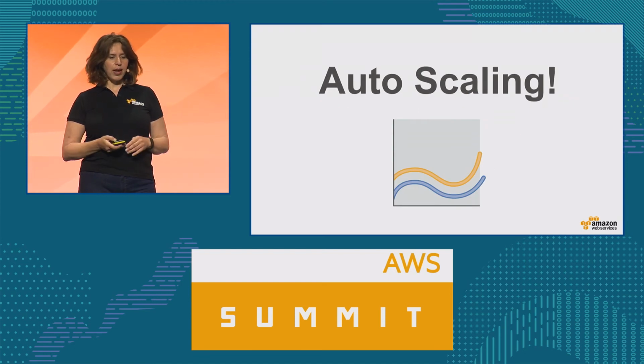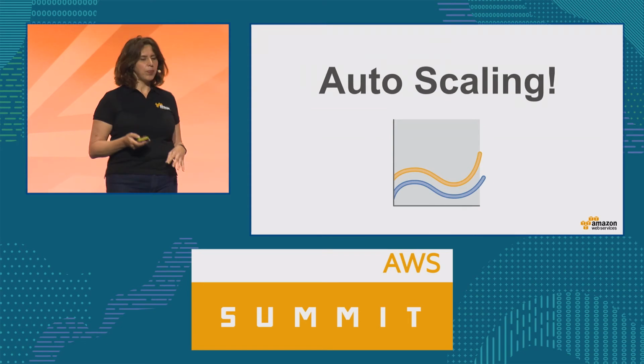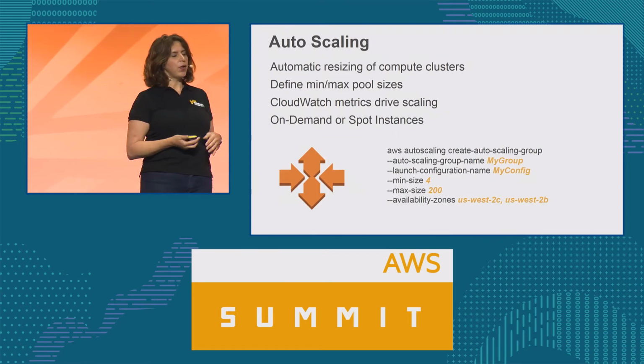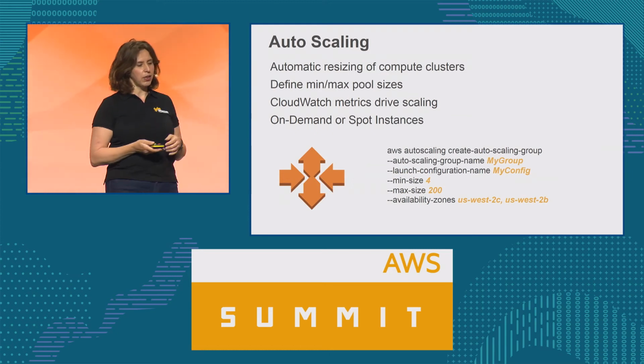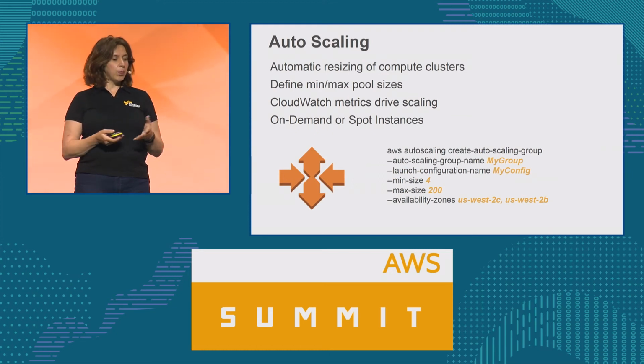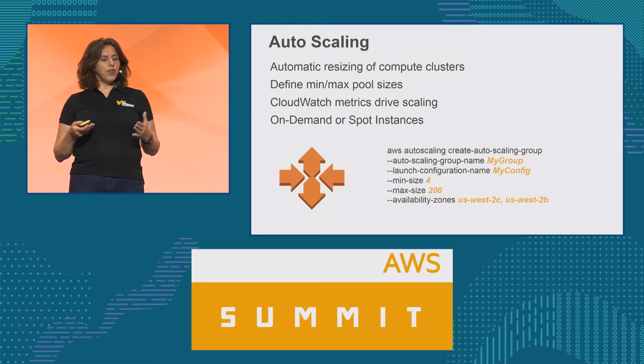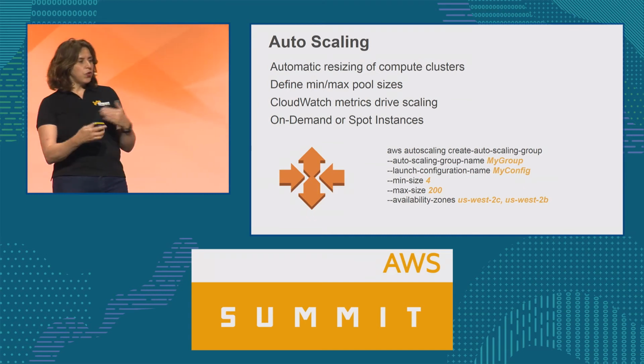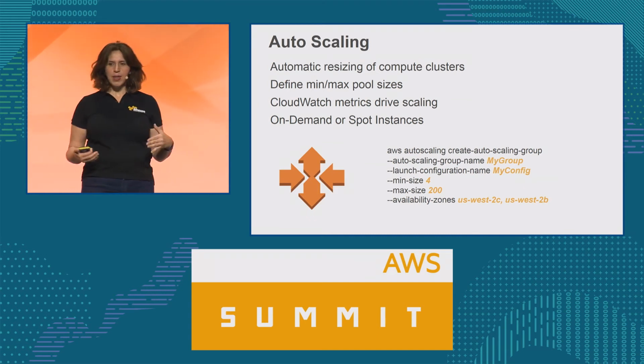So we're finally on to autoscaling. We've taken some of the load off those web tiers, but we still want to be able to have that elasticity in those layers and have automatic resizing of compute clusters. So with autoscaling, you can define minimum and maximum pool sizes. You can use CloudWatch metrics to drive that scaling.